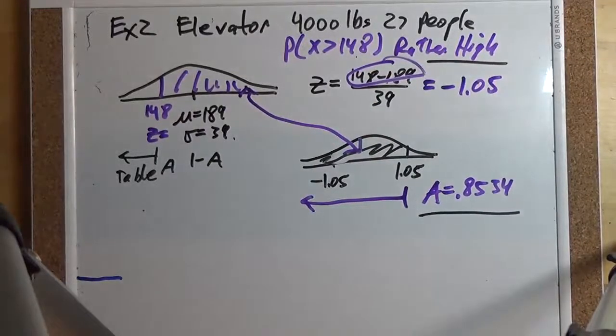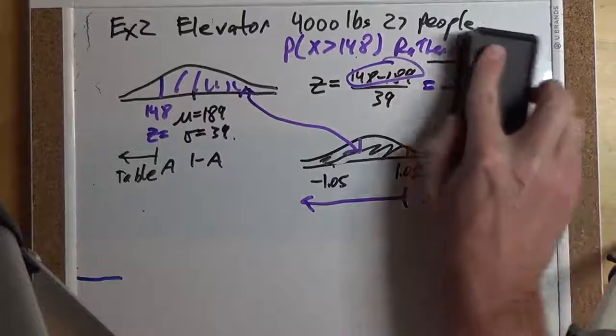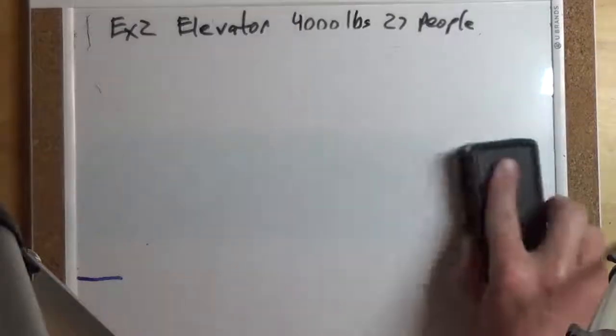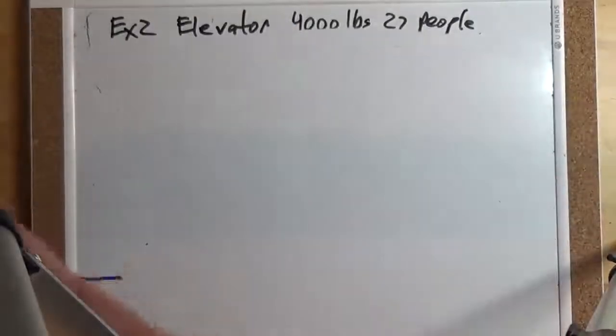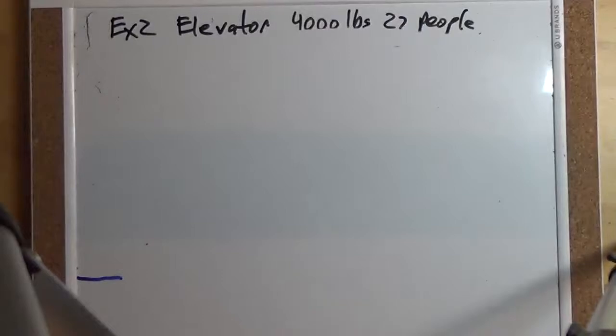Okay, part B here is we're going to use the central limit theorem, because we're going to ask ourselves, suppose the door opens on the elevator and there's 27 males in there.